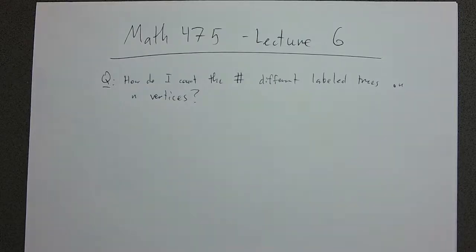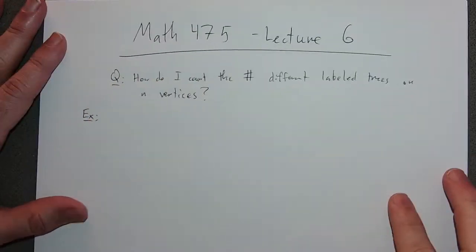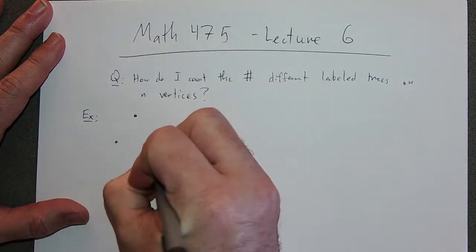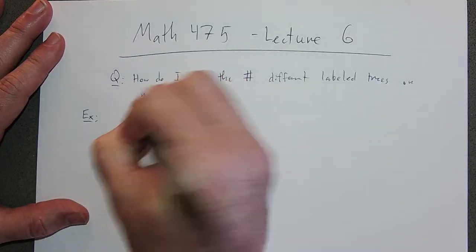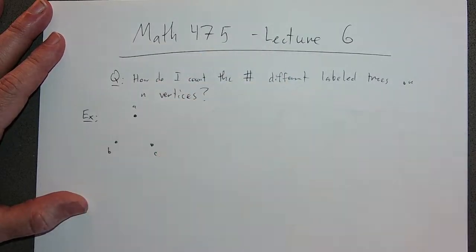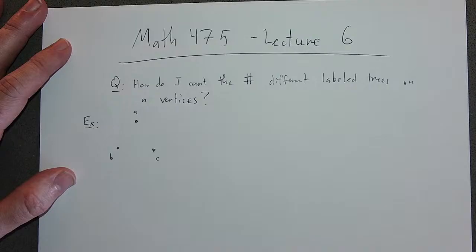Let's just try kind of the naive thing, right? Let's do a quick example and say, okay, what if I label these vertices? We'll say this is A, this is B, this is C. I want to count a spanning tree here.